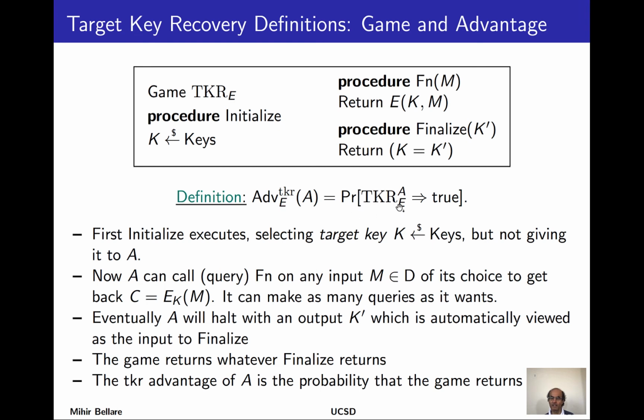It's the probability of this event that the game TKR sub E executed with adversary A returns true. The game doesn't depend on the adversary, but the advantage does. It depends on the adversary, the family of functions, and this, which indicates the name of the metric and tells you what game you're talking about. And this is a number, and the bigger that number, the better the adversary does.